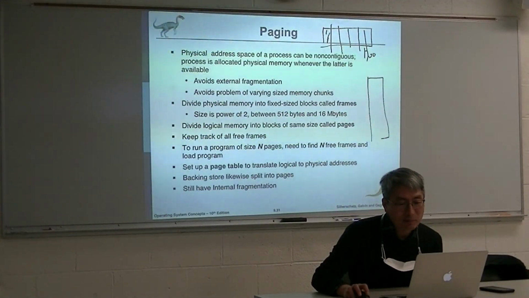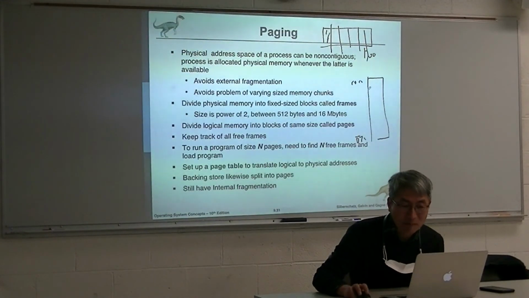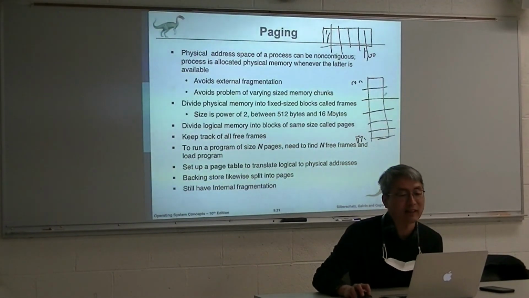This is the physical memory, 0000 to FFFF. Then we are going to chop the physical memory by the same size, 100, 100, 100, like that. Then we are going to allocate unit by unit.